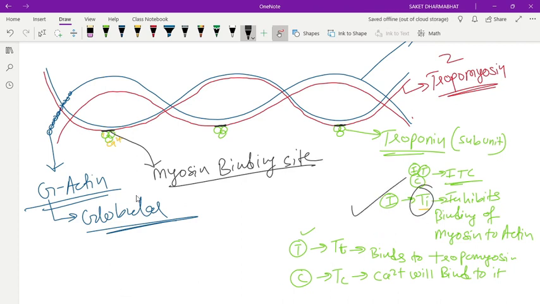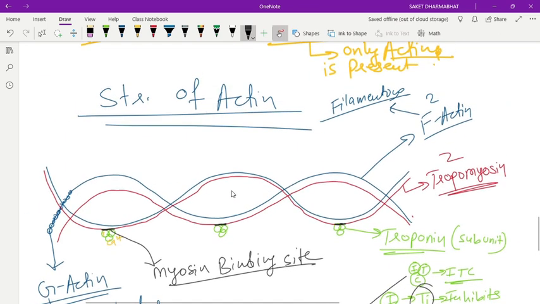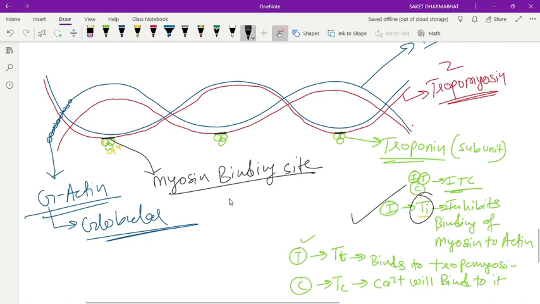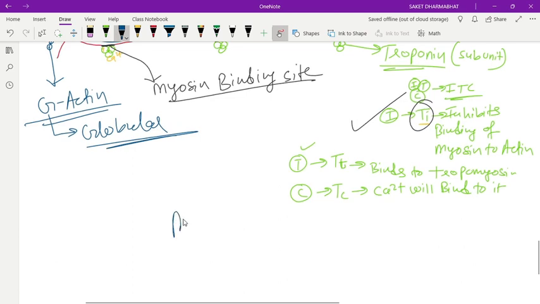Troponin I. This troponin subunit has covered this site. Okay, so this is the structure of what? Actin. Any doubt? I think no. Like that, at regular intervals you will find this type of subunits. This is completed. Next we are going to talk about myosin.